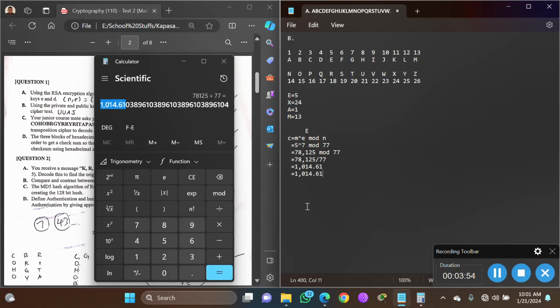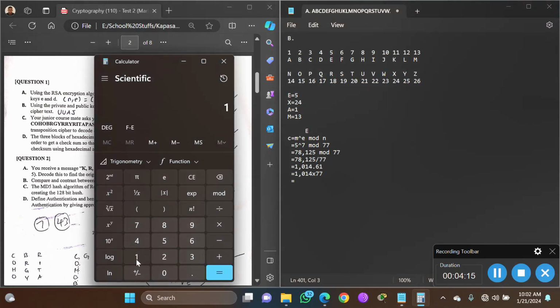After doing that, you get rid of the decimal places, then you multiply it by the denominator, which is 77, because we want to get the remainder. This leaves us with 1014 times 77, which was the denominator.